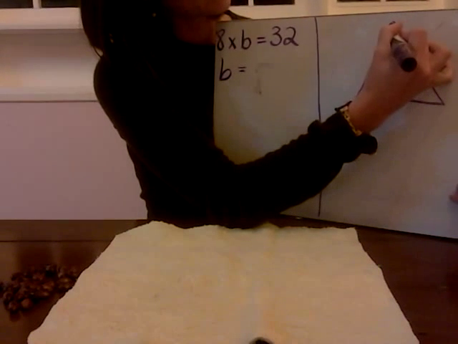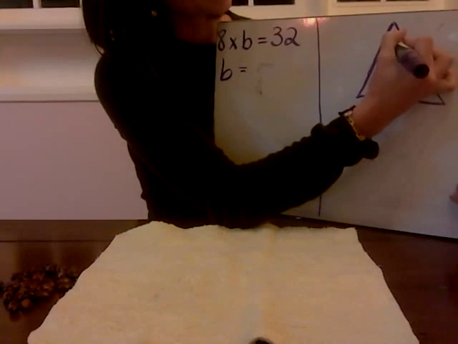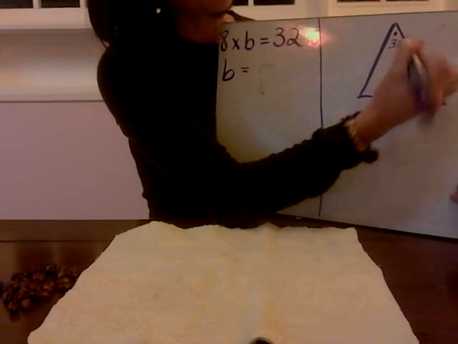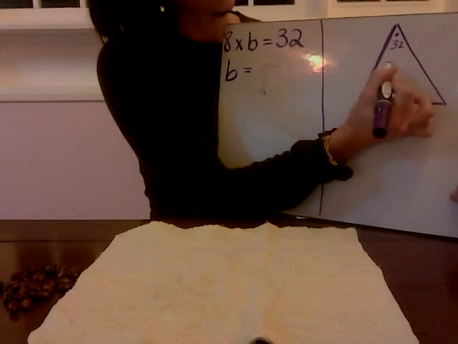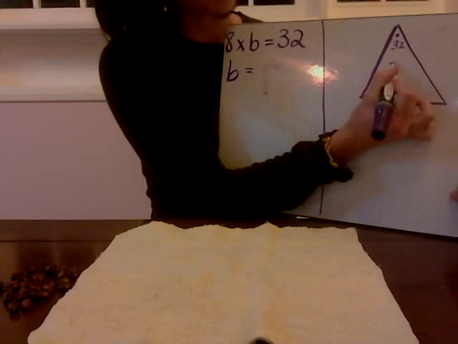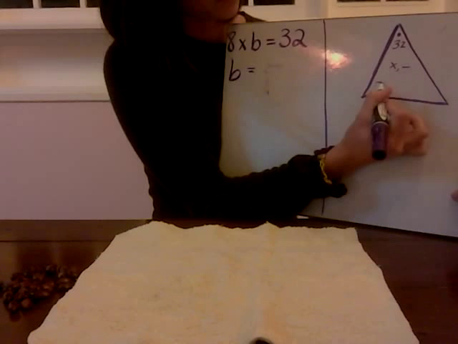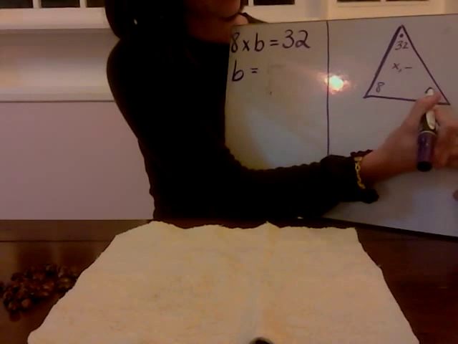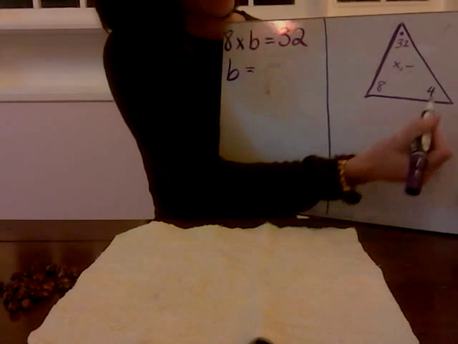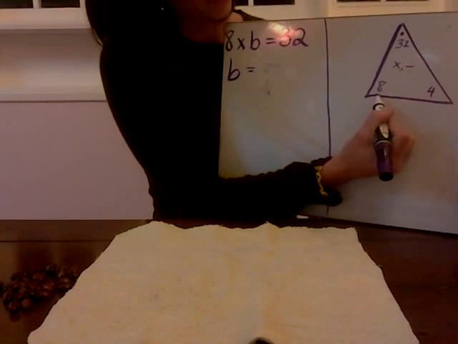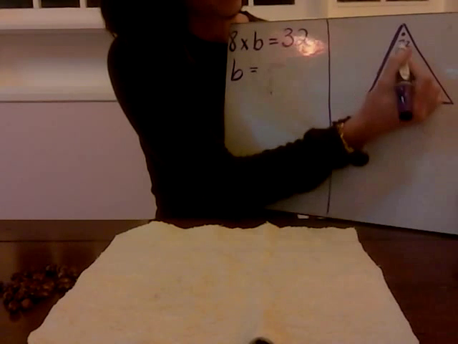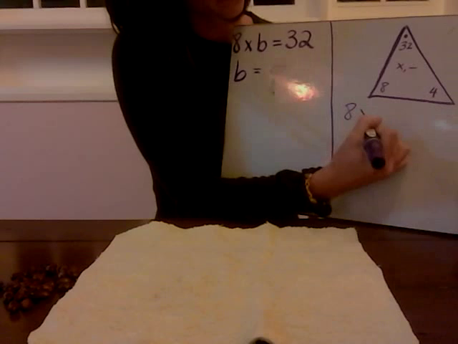And if I have Mr. 32 here at the top, he's going to be connected either through multiplication or division to Mr. 8 and Mrs. 4. So when I look at this, I know that 8 times 4 is 32.